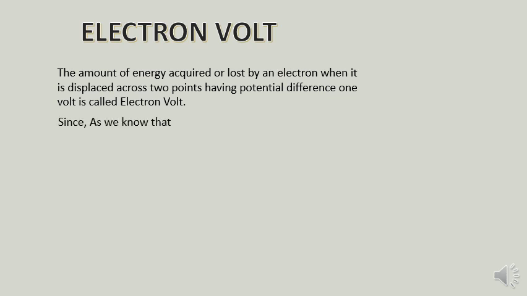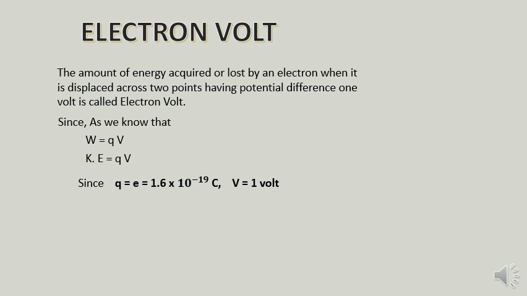Since as we know that W is equal to QV, work done बराबर होता है QV के, और यहाँ आपके पास क्योंकि चार्ज मूव कर रहा है बिटवीन टू प्लेट्स विच हैव द पोटेंशियल डिफरेंस 1 वोल्ट, so the moving charge has the kinetic energy, and this kinetic energy is equal to QV.